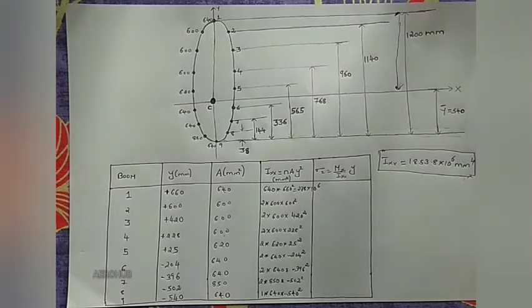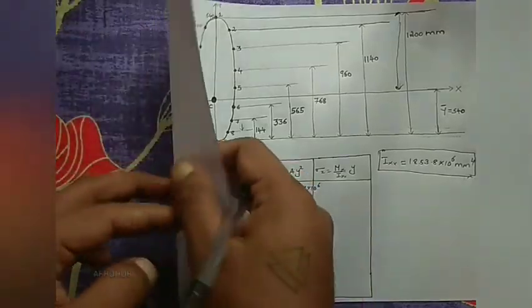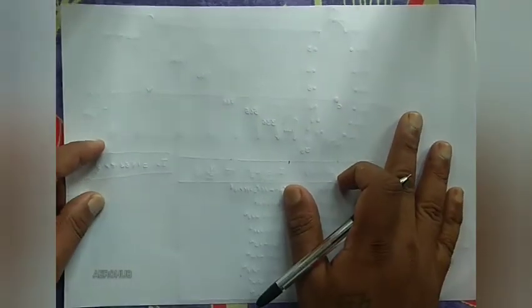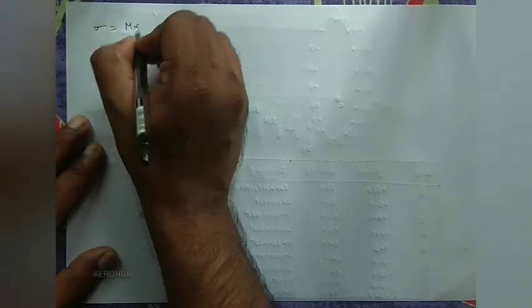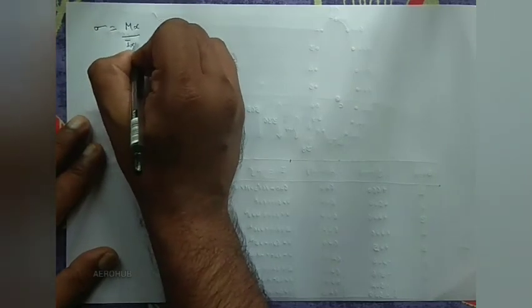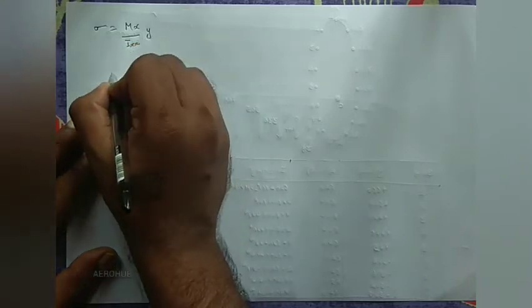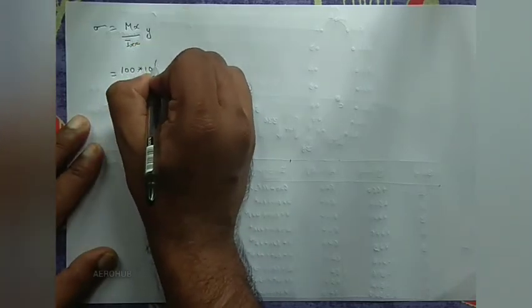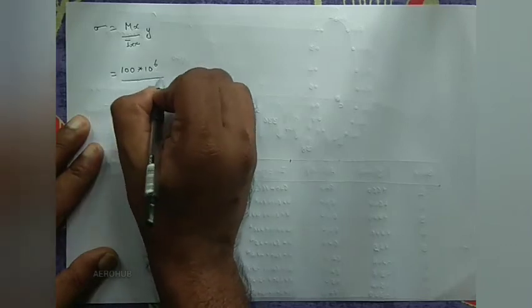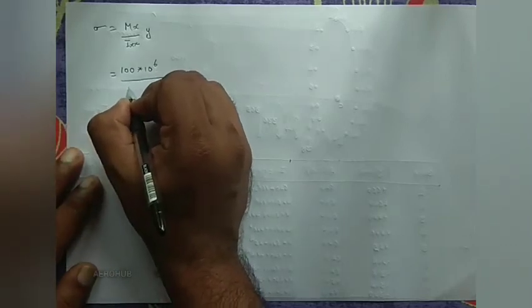Now we will calculate the value of sigma. So sigma will be equal to Mx divided by Ixx into y. So Mx is given as 100 into 10 power 6 Newton millimeter square. You have to check out the units. That's very important.